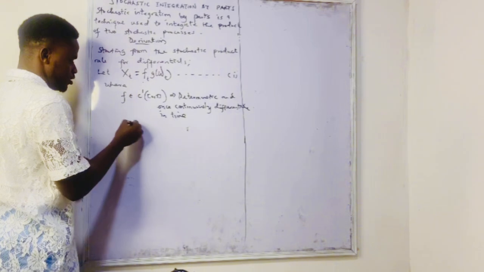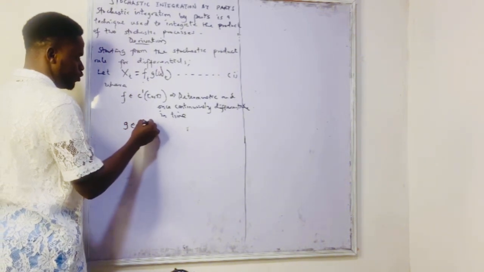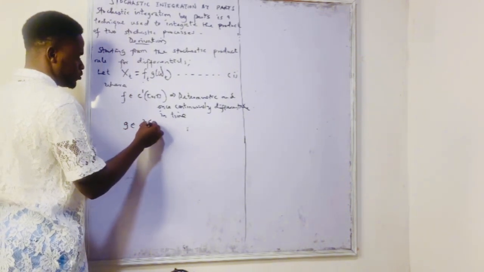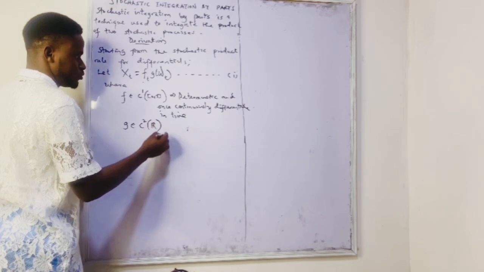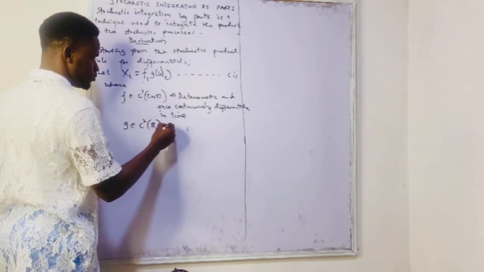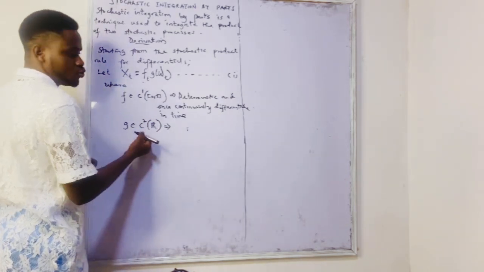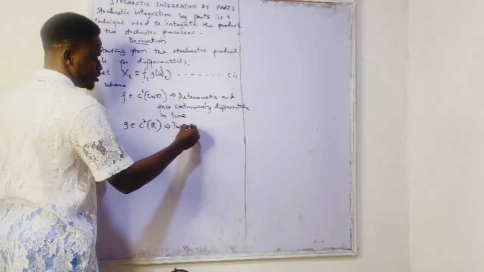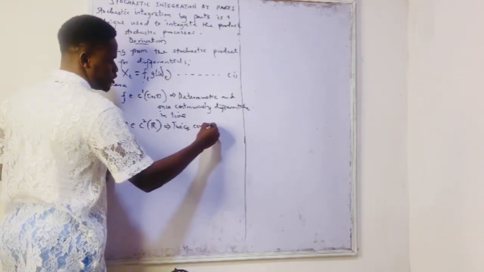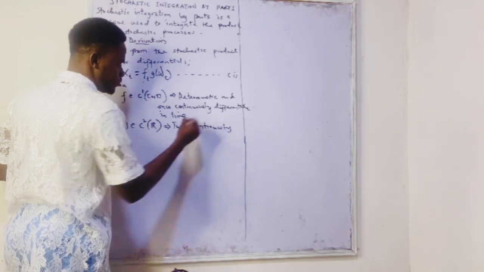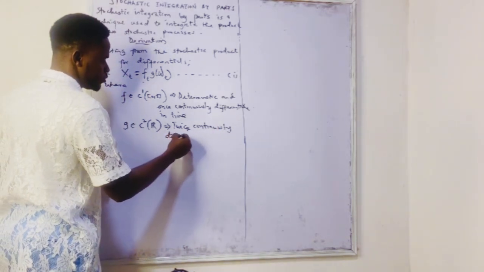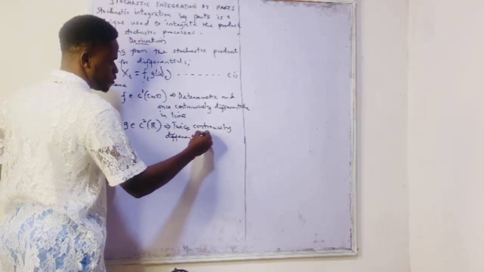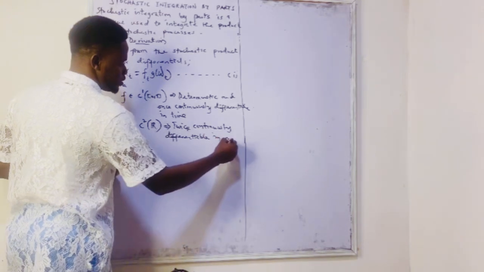And g belongs to the C2 functions, and this is telling us that it is twice continuously differentiable in space.